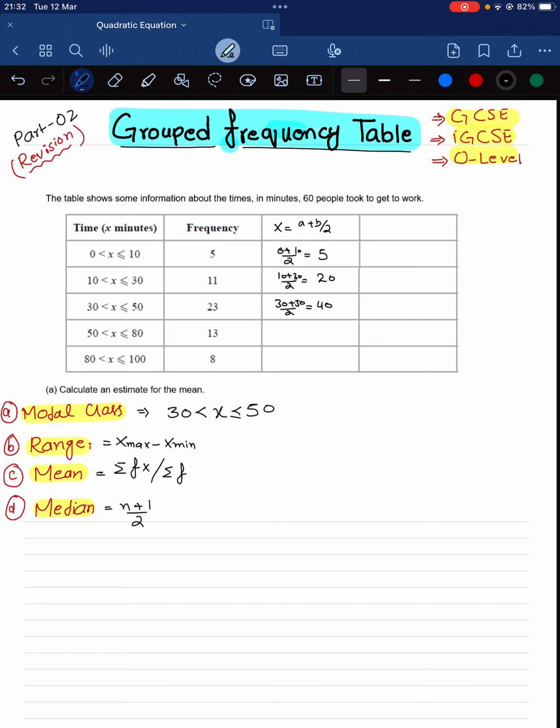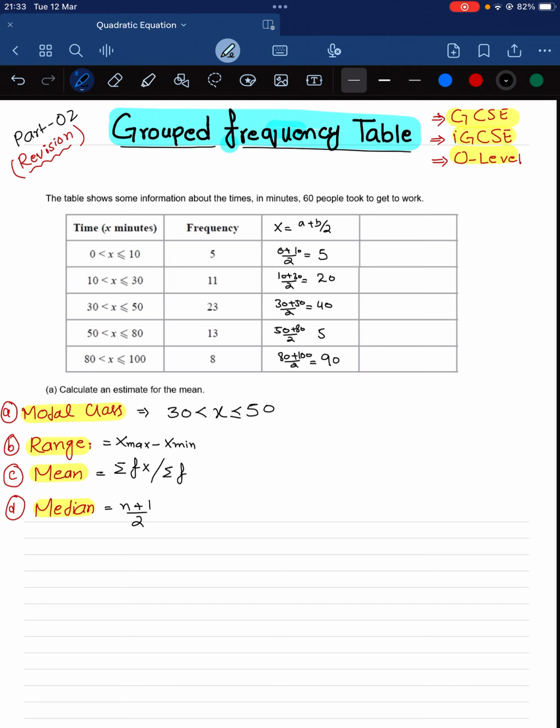Then 50 plus 80 over 2, then 80 plus 100 over 2, which is 180 over 2, so 90.